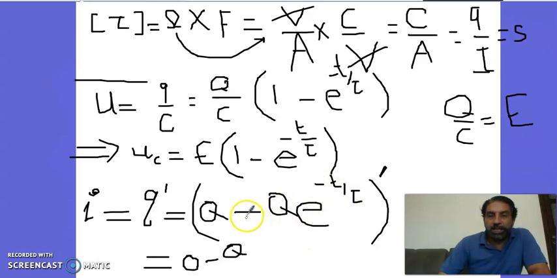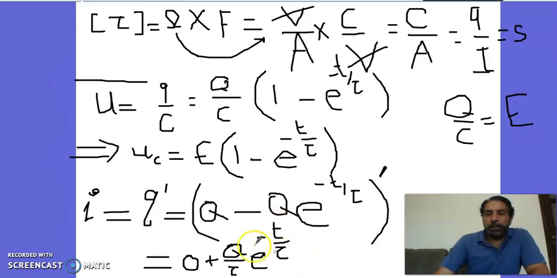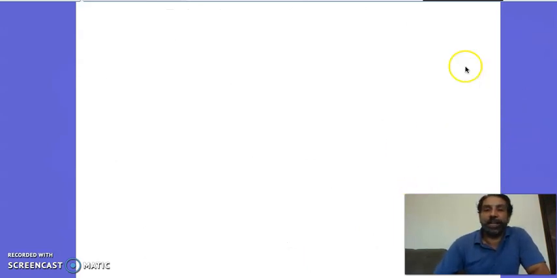So minus times minus plus Q over tau exponential minus t over tau. Okay? Let me show this in detail, the derivative. You could have studied the derivative in mathematics of the exponential, or you could have not studied it. So let me show you in detail this derivative.